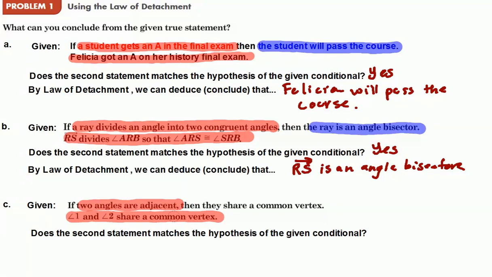Unfortunately, adjacent and common vertex are not the same thing. So does the statement match with the hypothesis of the given conditional? In this example, you're going to say no. They do not match. If they don't match or have the same meaning, then there is no conclusion. Therefore, we're just going to write no conclusion.